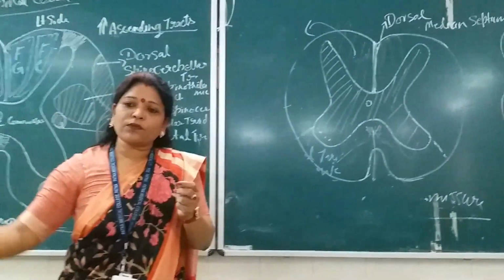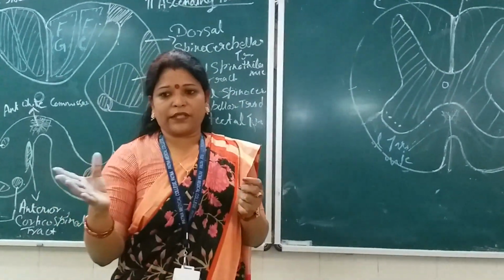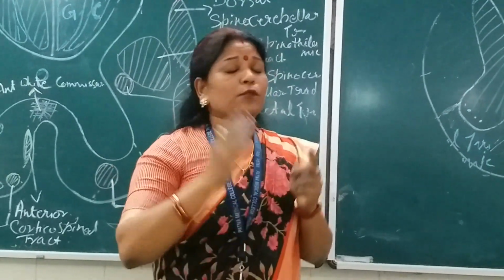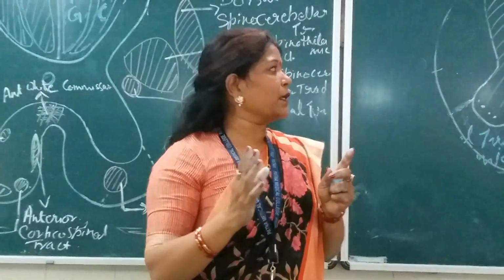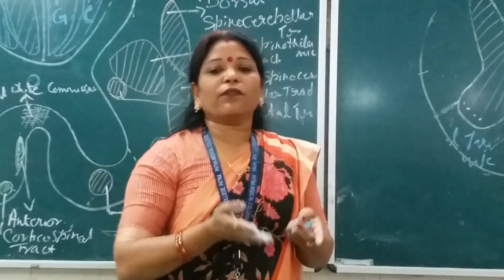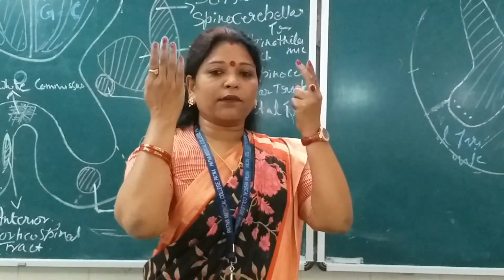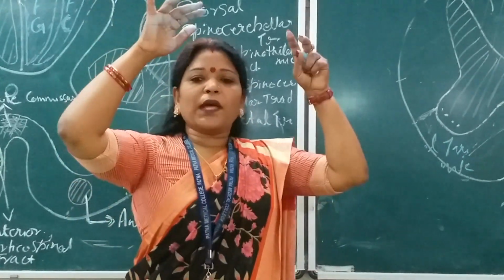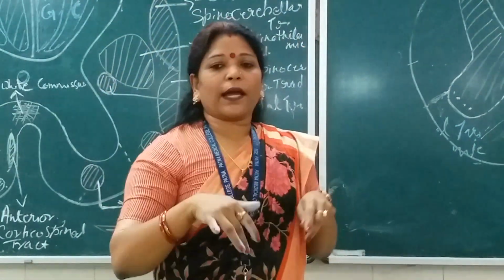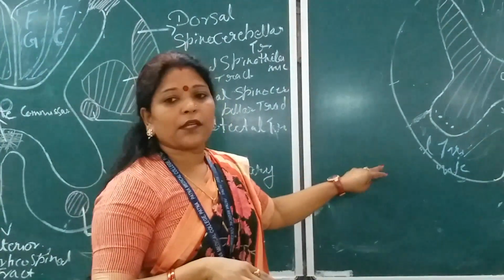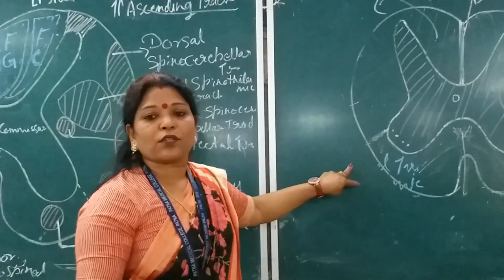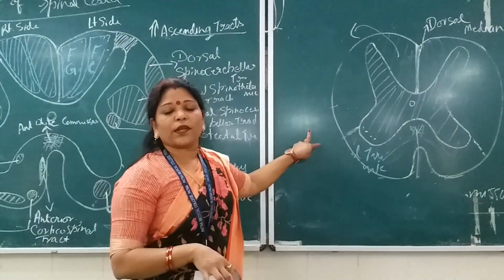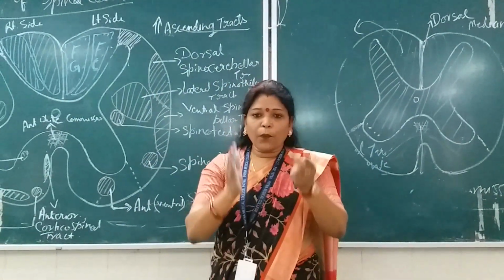The tracts which convey all modalities of sensation, somatic, visceral, pain, temperature, unconscious proprioceptive impulse, to the higher center are the ascending tracts, or the sensory tracts. From the higher center, the motor tracts come down to control the movements of the body, whether somatic or visceral. These are known as the descending tracts or the motor tracts.